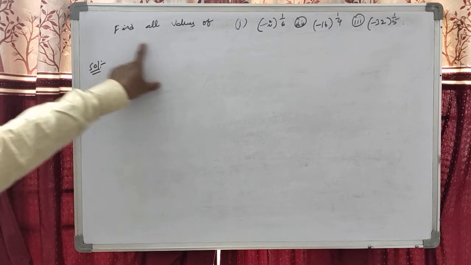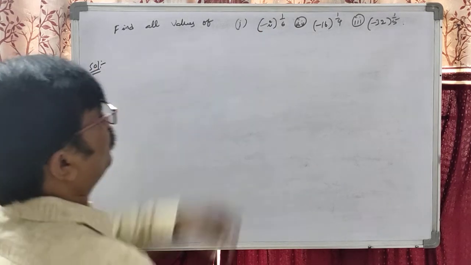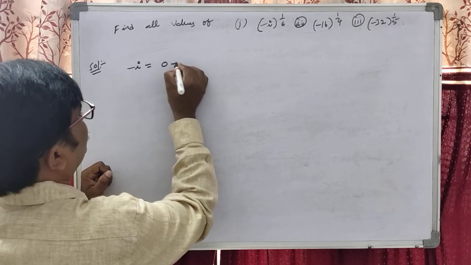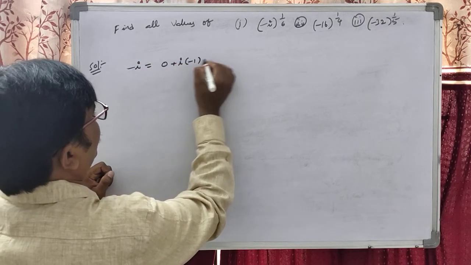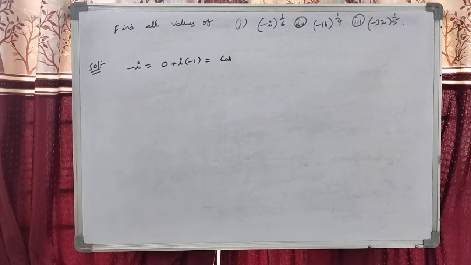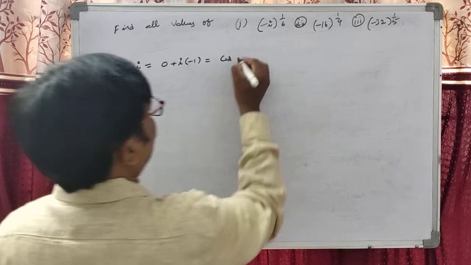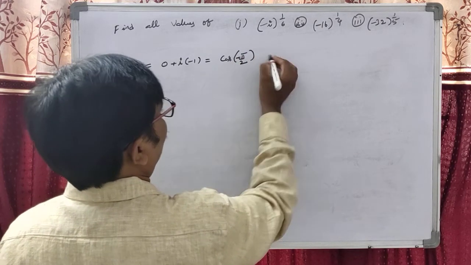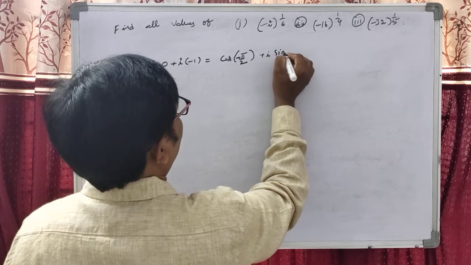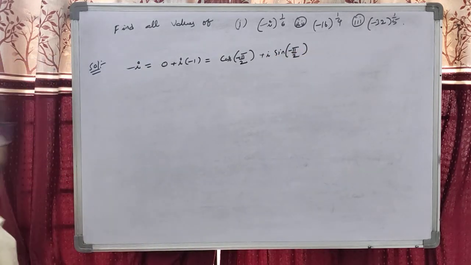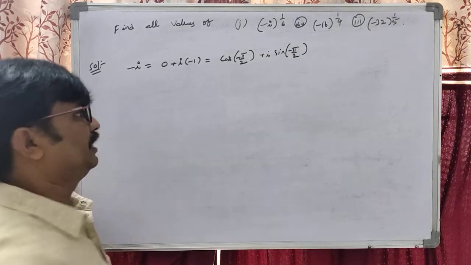Okay students, find all the values of (−i) whole power 1/6. Minus i can be written as 0 + i(−1). So this is cos(−π/2) which is cos 90, 0, plus i sin(−π/2), that is cos θ minus i sin θ, sin 90 is 1, that is −1.